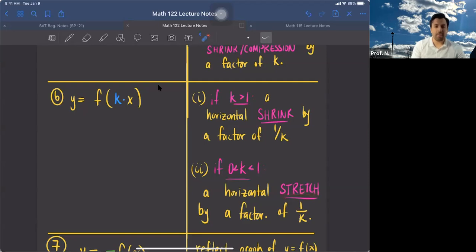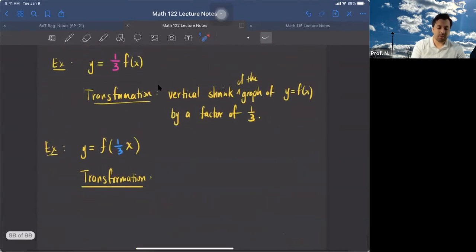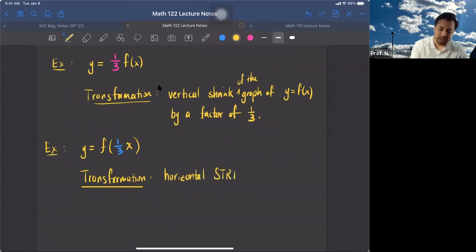You have to be careful. It will be a stretch. So this is a horizontal stretch. Remember, this is the opposite of what you may think it is. It's a horizontal stretch. So horizontally stretch the graph of y equals f of x by a factor of what?